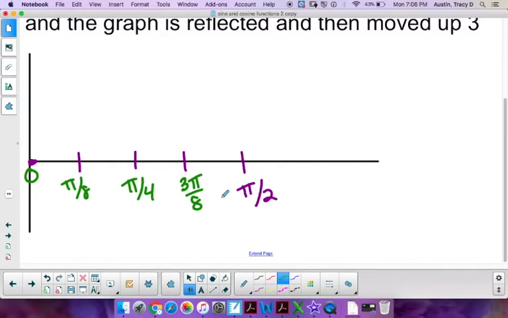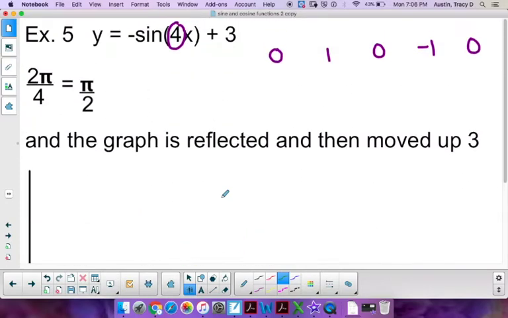All right, so let's talk about the transformations that have happened. Okay, and again, like I said yesterday, you have to do these in order. So I'm going to take my y values and I'm going to multiply them by -1. So times -1, and then I'm going to add 3.